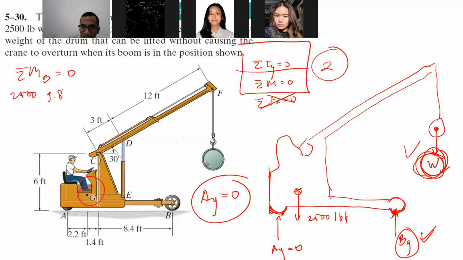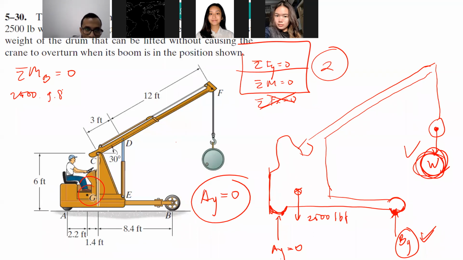From AY, will there be any moment because of AY, Audrey? No, because AY is equal to 0. What else then? The weight W, yes.